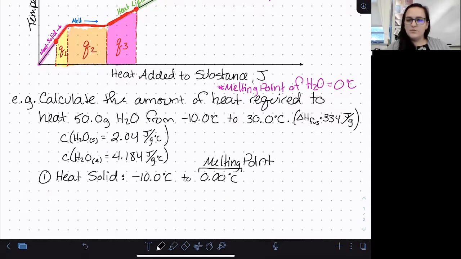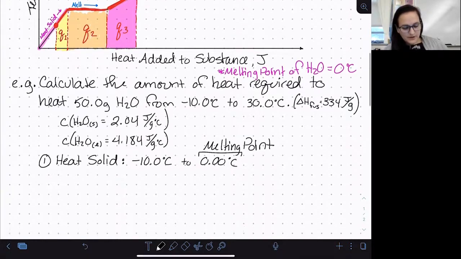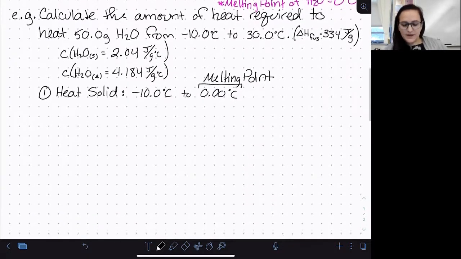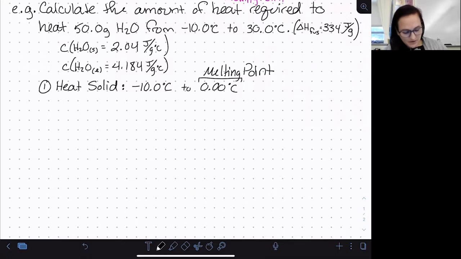The melting and boiling point of water, I would expect you to know as 0 degrees for melting, 100 degrees for boiling, since those are part of the definition of the Celsius temperature scale. Any other melting or boiling points I would give you in the problem, so you don't need to worry about needing anything else. So we heat the solid first from negative 10 up until the melting point.